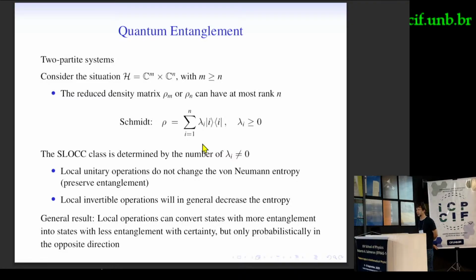But what these classical or stochastic protocols can do is, if you start with a state with a certain amount of entanglement, they can always produce a state with less entanglement with probability 100%. But you can also try to go in the opposite direction, start with a state with less entanglement and produce a state with more entanglement. With this kind of operation, you can only do this stochastically, which means that you will only have a finite probability of success.